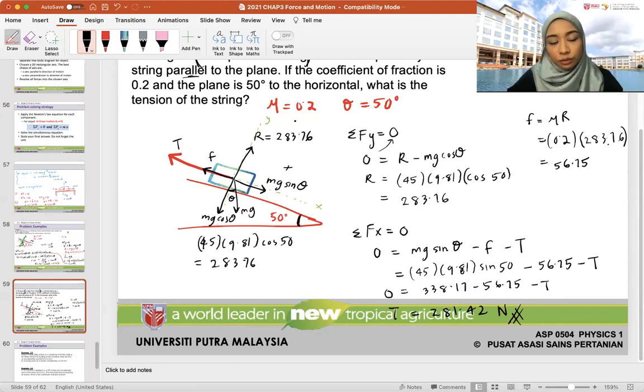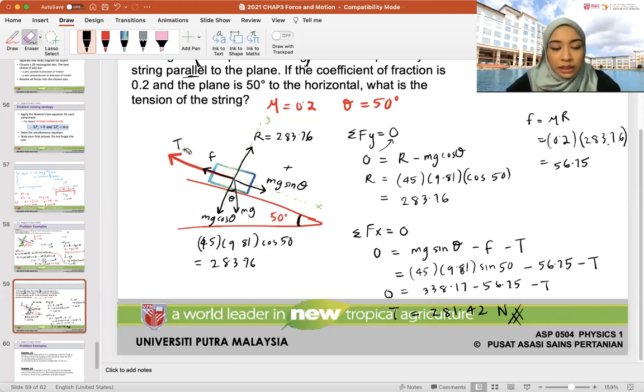So 283.76 going up, 283.76 going down, they cancel out each other. Net force is equal to 0, therefore you don't have any acceleration. Acceleration is 0. R is balanced out by mg cosine theta. We have the same value. That is why they don't move.